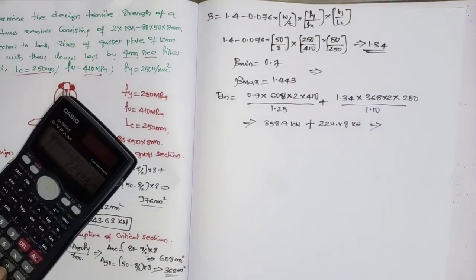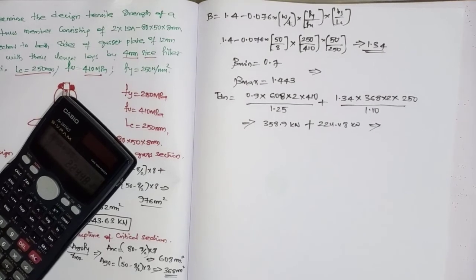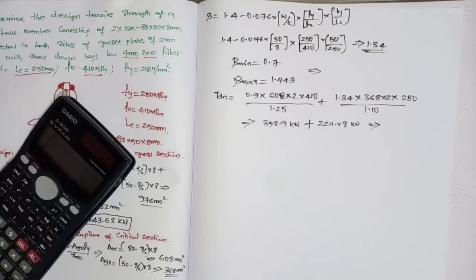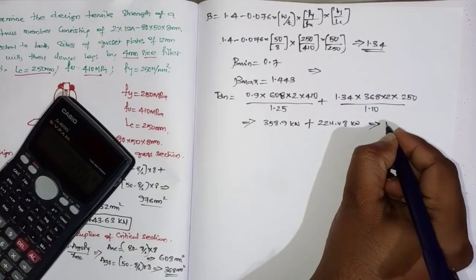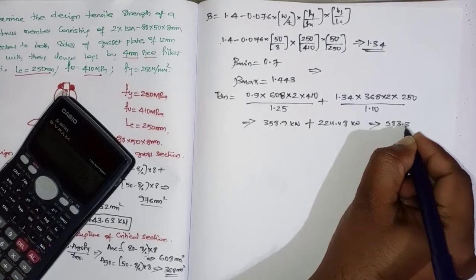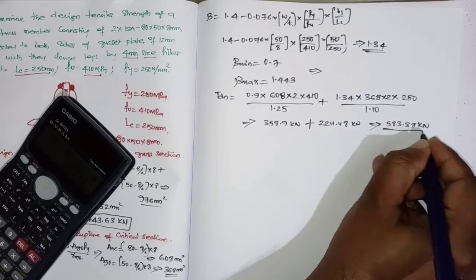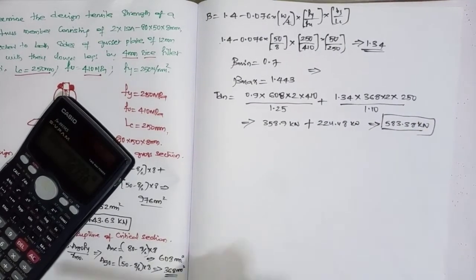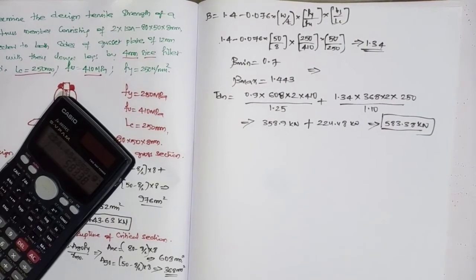Altogether, how much is it? This is the value you got for what? Design strength due to rupture of the critical section.